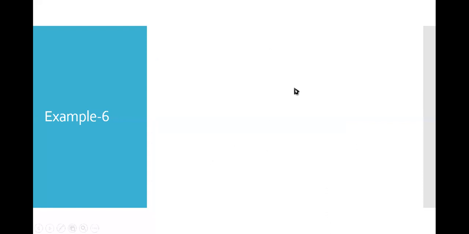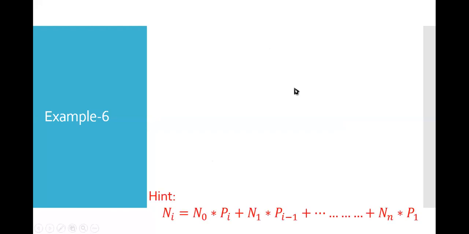Okay. Now let us start with the group replacement. In group replacement, you have to find out the number of components that have to be replaced first. For that, at the bottom, I have given the equation which you can use.